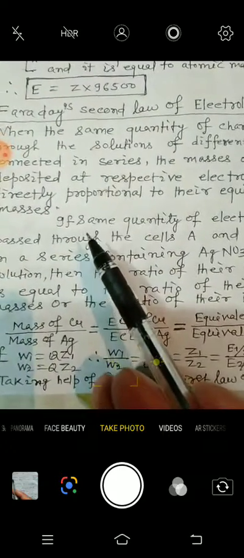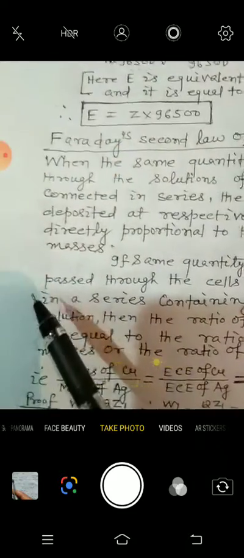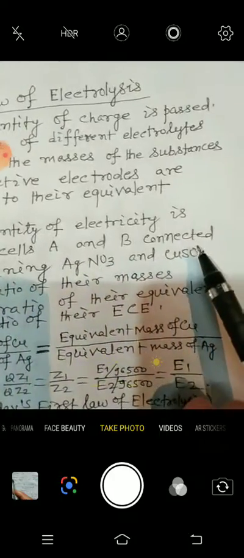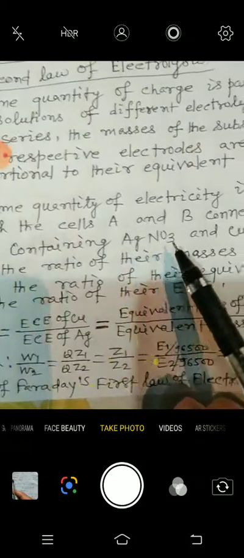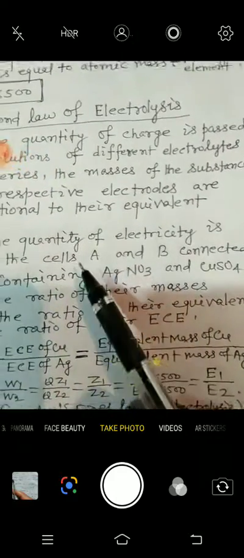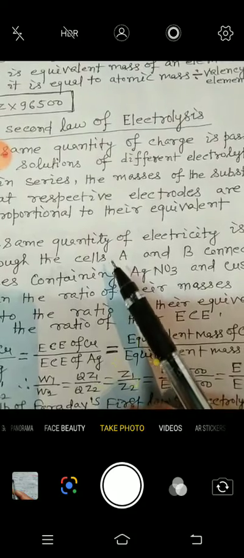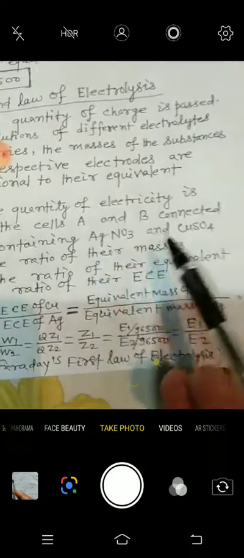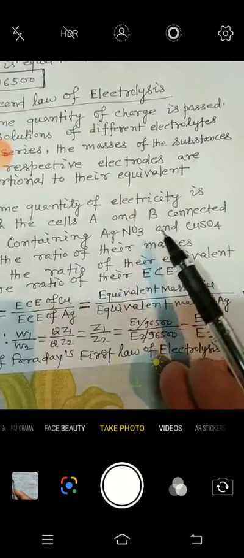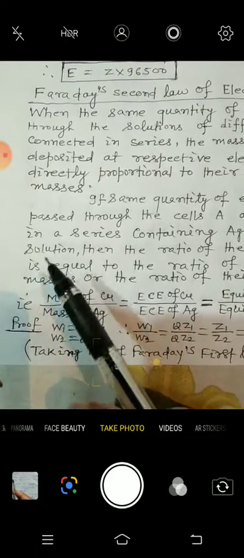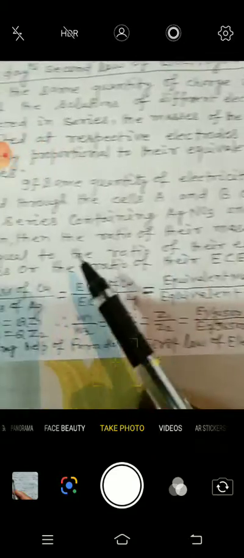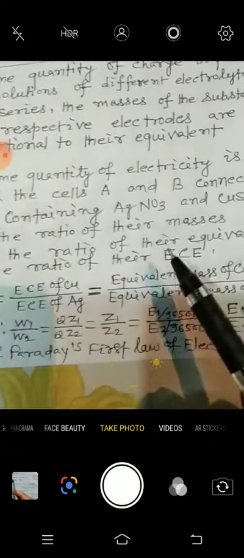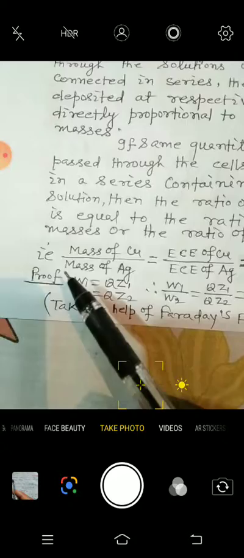See here with the help of an example: if the same quantity of electricity is passed through cells A and B connected in series, A containing AgNO3 and B containing CuSO4, and the same charge Q is passed through the cells, then the ratio of their masses is equal to the ratio of their equivalent masses, or the ratio of their ECE. So this is the second law.